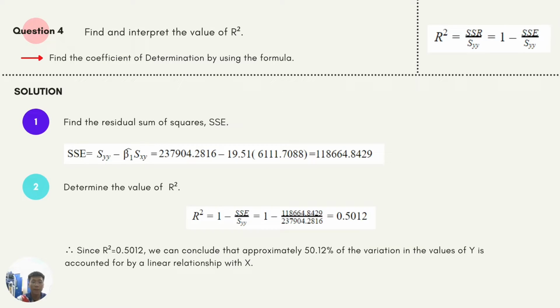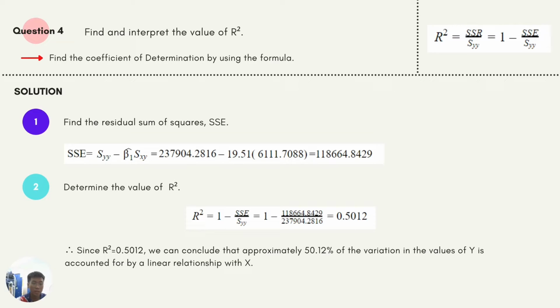Fourth question, find and interpret the value of r squared. So what we need to do is to find the coefficient of determination by using the formula r squared equals 1 minus SSE over SYY. Firstly, we find the SSE, which is SYY minus b1 times SXY, equal to 118,664.8429.